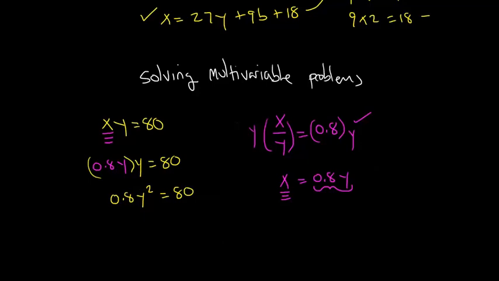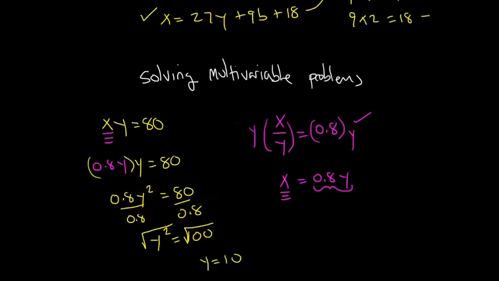And now I'm in a position where I can solve for the one variable that I have here, which is y. So I'll divide both sides by 0.8. I have y squared equals 100. I can take the square root of both sides. And remember, in a previous video, we saw how you can put a square root into your calculator. So we end up with y equals 10.